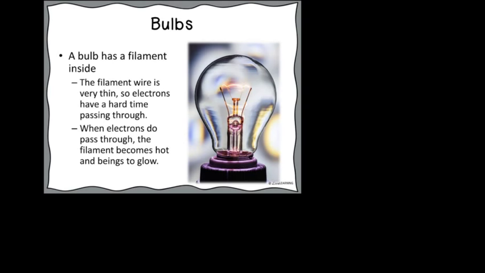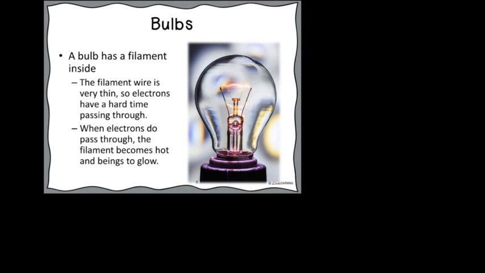So bulbs, particularly traditional bulbs, have a filament inside of them. And if you ever look inside of an old cheap glass bulb, you will be able to see the filament wire inside. It's very thin, so electrons actually have a difficult time passing through this wire.